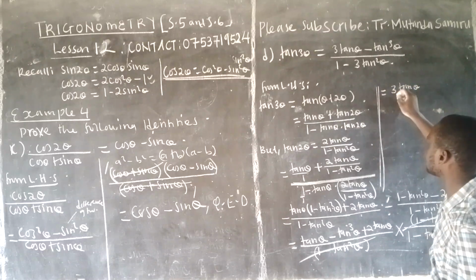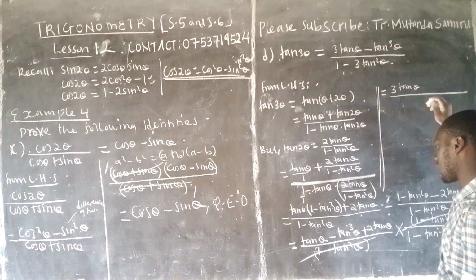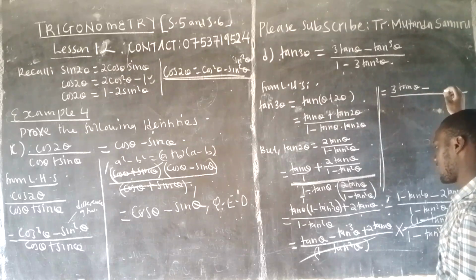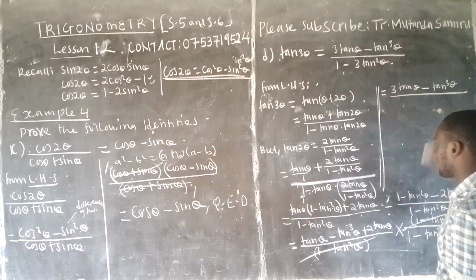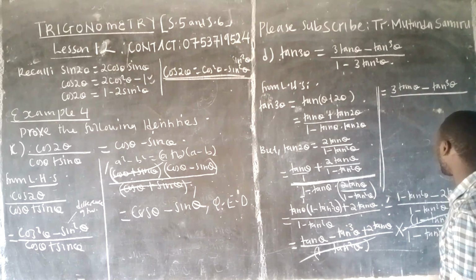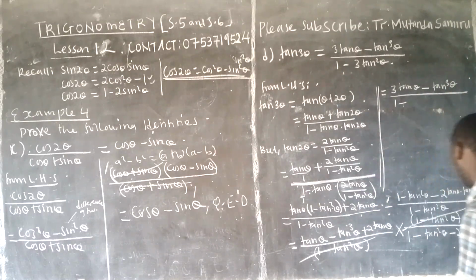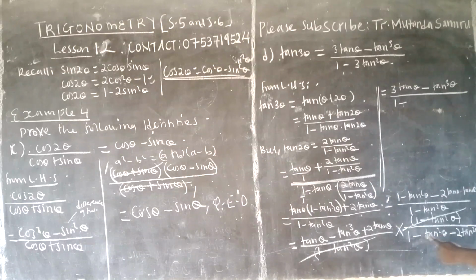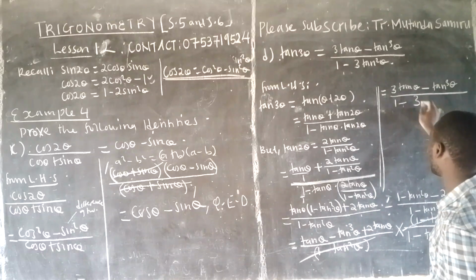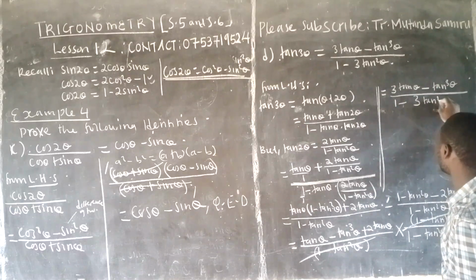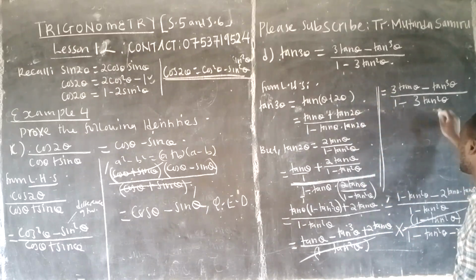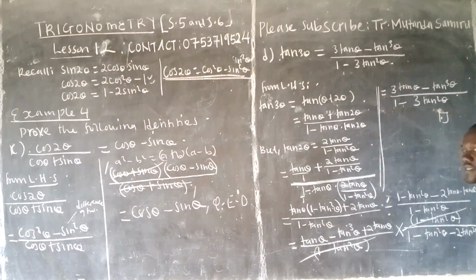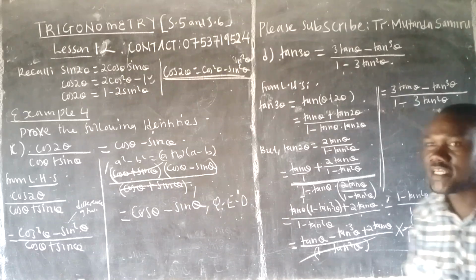Please maintain the equal signs: 3 tan θ − tan³ θ over 1 minus, now negative tan² θ minus 2 tan² θ will give you 3 tan² θ. And you see that this proof is that one. So you can now say proved, hence proved.